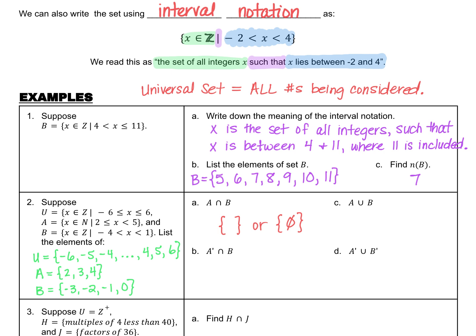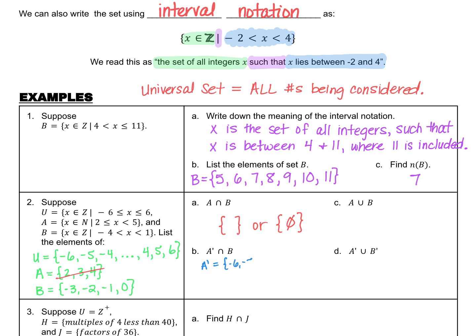If we look at the numbers that are not in A, that means we have to ignore the 2, 3, and 4, and we can basically choose -6. So I'm looking at not A, so maybe I'll write that down.